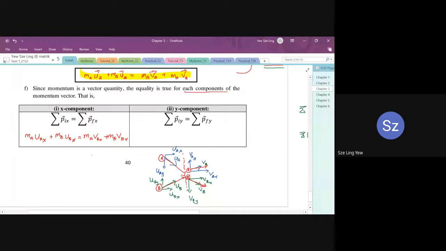You just want to see what happens along the X component.